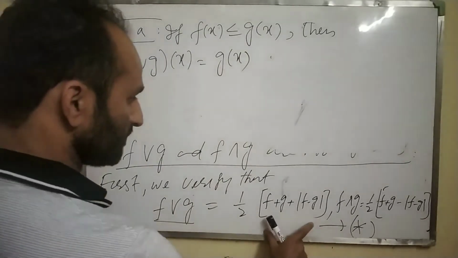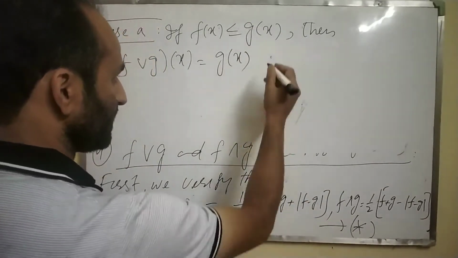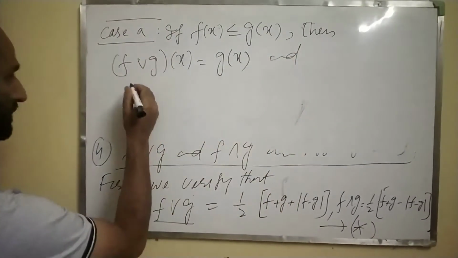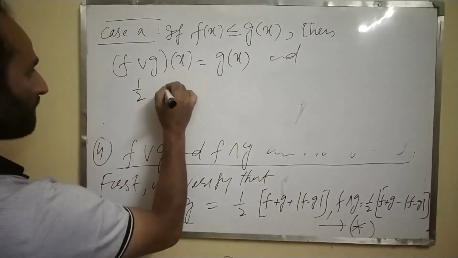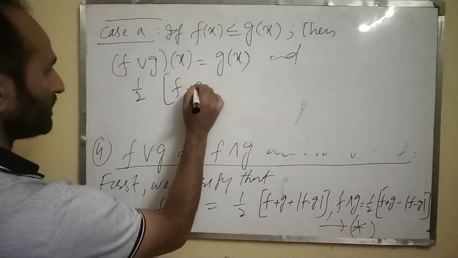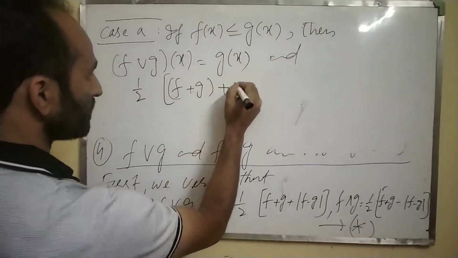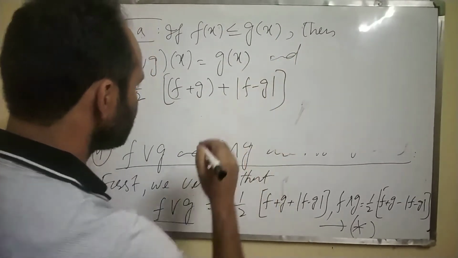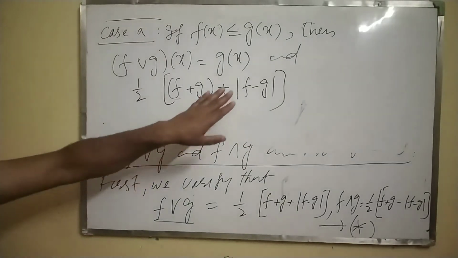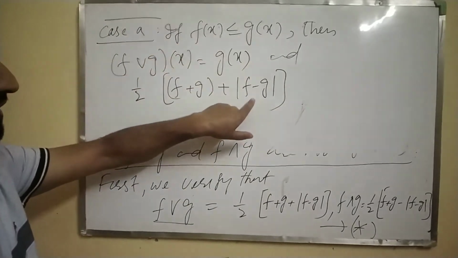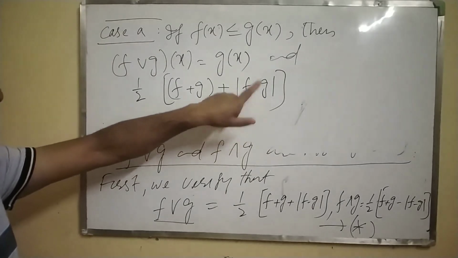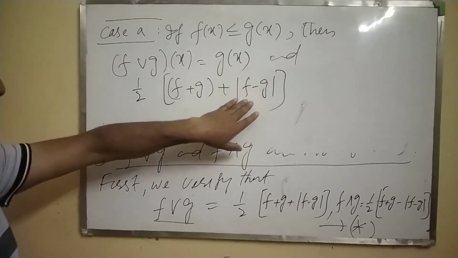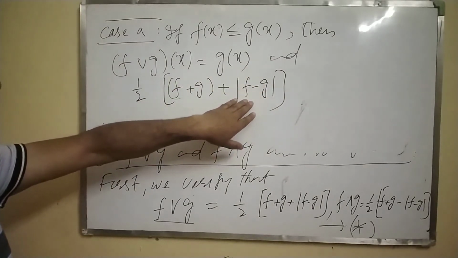Now we try to find this one. This should also be equal to g(x). One half of f plus g plus mod of f minus g at this point. Since f is less or equal to g, f minus g is a non-positive number.